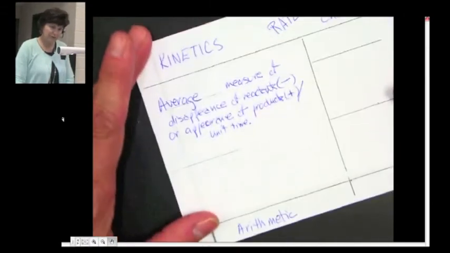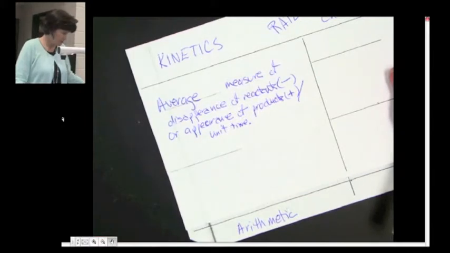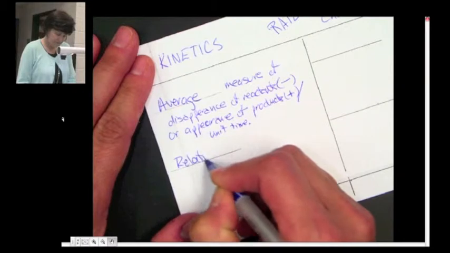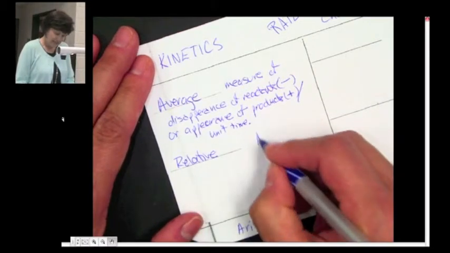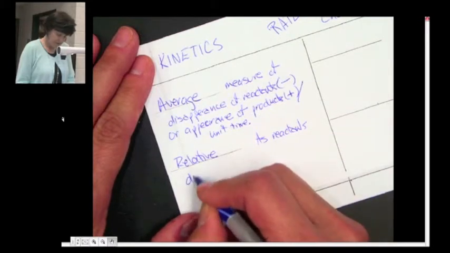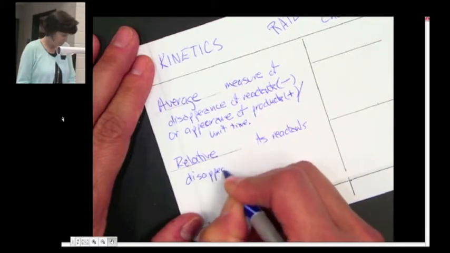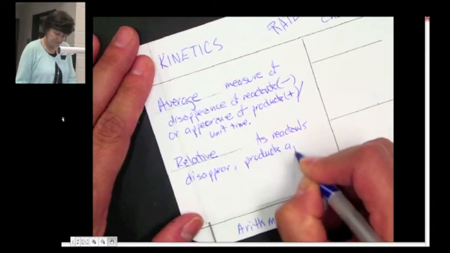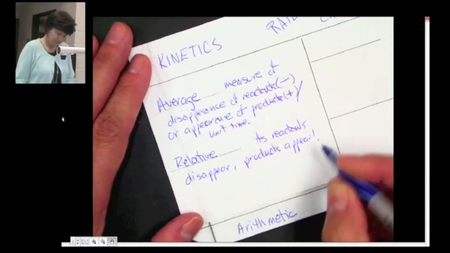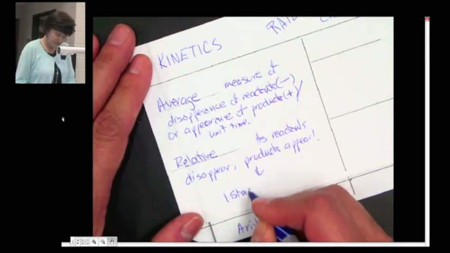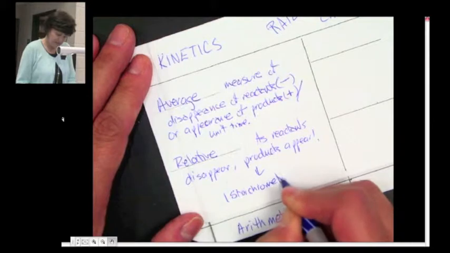A second way to problem solve with kinetics that just involves simple arithmetic is relative rates. Relative rates means that as reactants disappear, the products appear, and this is dependent on the stoichiometry of the reaction.